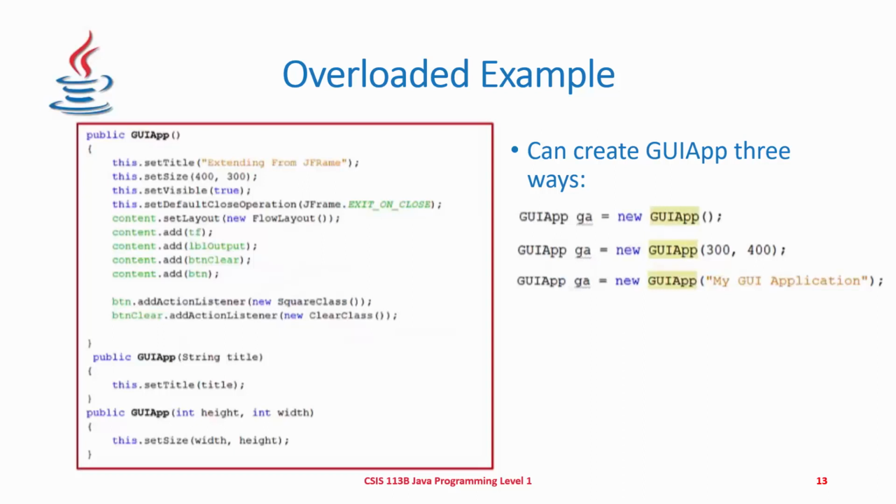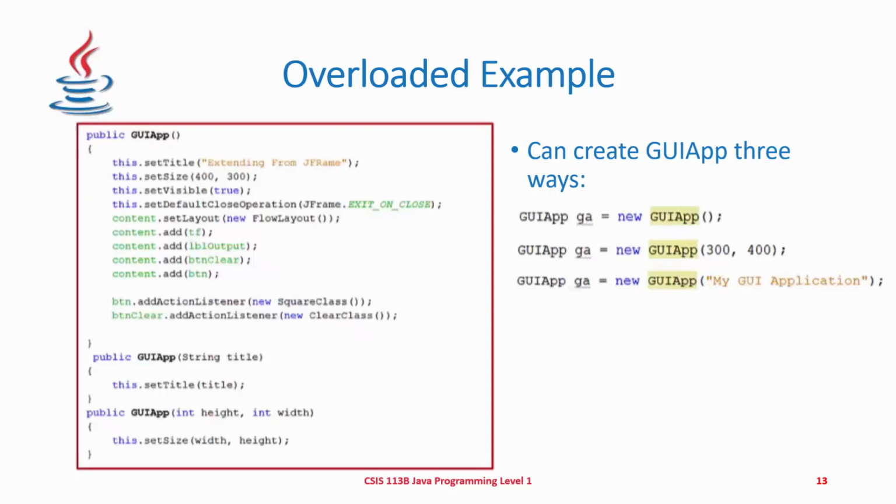And that constructor, you can see, is accepting as an argument a string named title. And so what it's doing is it's actually going to override the set title by taking the new value that's passed in from the user. When they create the new instance, they'll be passing in a string that's a title, and so then they'll assign that value to the title of the new object, which in this case, as you know, is a JFrame.